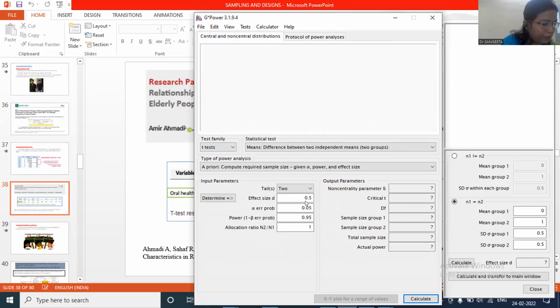Okay. Now we will enter the data. So what is the data here? Since I've already written it here, I know the data. I'll just make the power 80. The alpha error, I'm retaining it at 0.05, and I'm going to determine here.